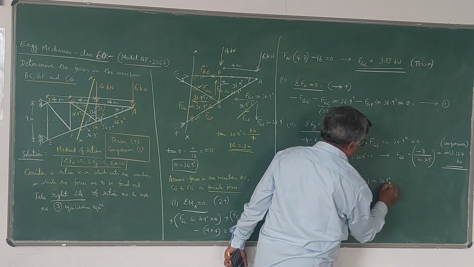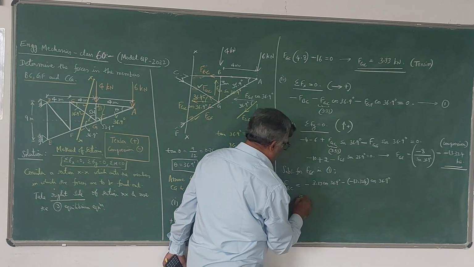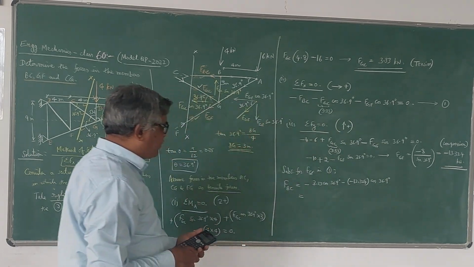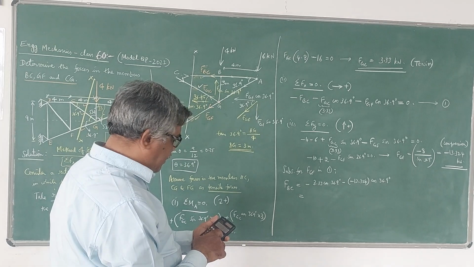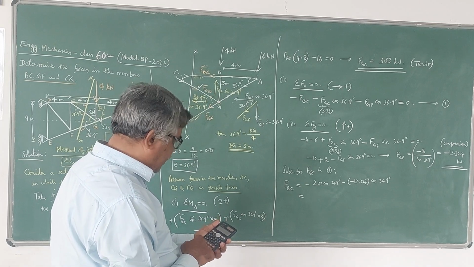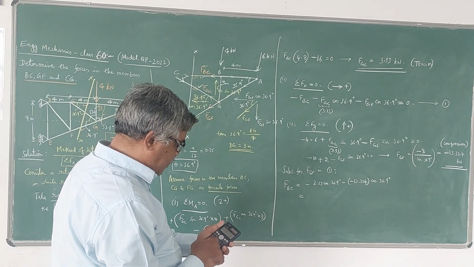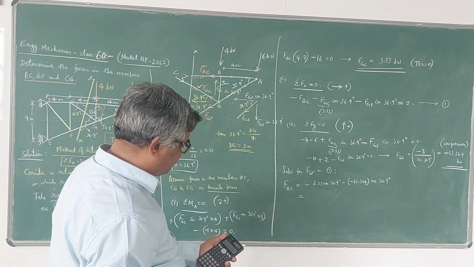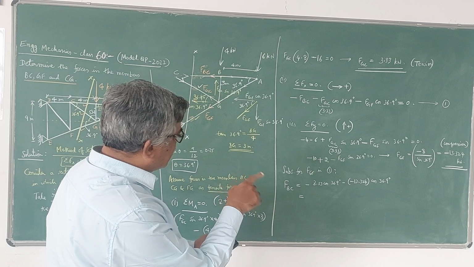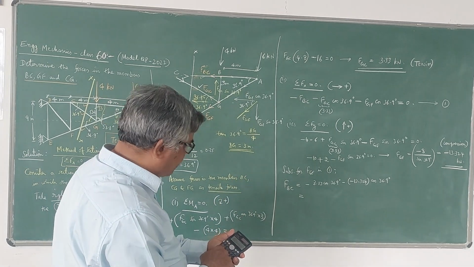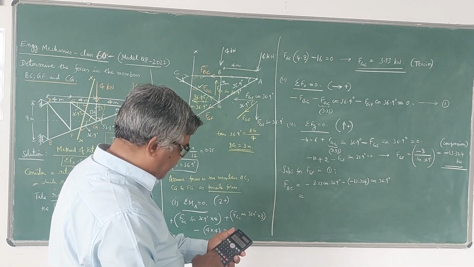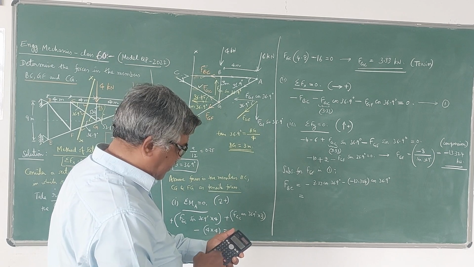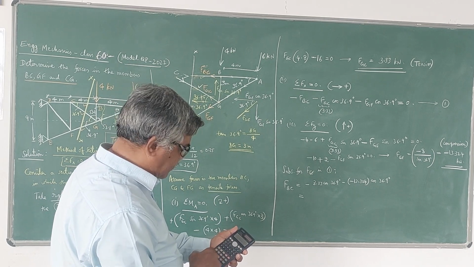If you simplify this, you will get the value of FBC, force in the member BC. So it will be now, I will take minus 3.33 into cos 36.9, that is the first value. Then minus to minus becomes plus 13.324 into cos 36.9.